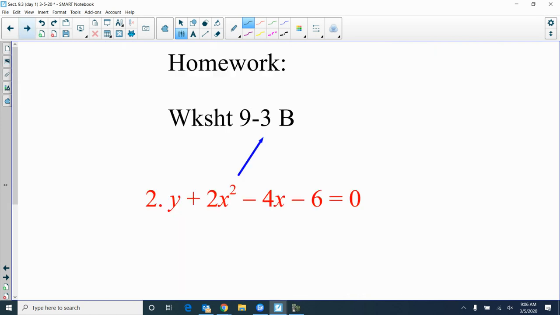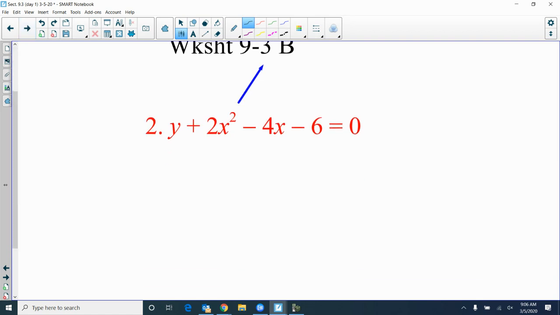All right, the back is homework. I need you to look at number 2 because it's written a little bit funny. We gotta fix it a little bit. Number 2, how's it written? Y plus 2x squared minus 4x minus 6 equals 0. Okay, we want the y by itself. So basically, we want everything moved to the other side, and when we move everything to the other side, the only thing it does is it changes everything's what?